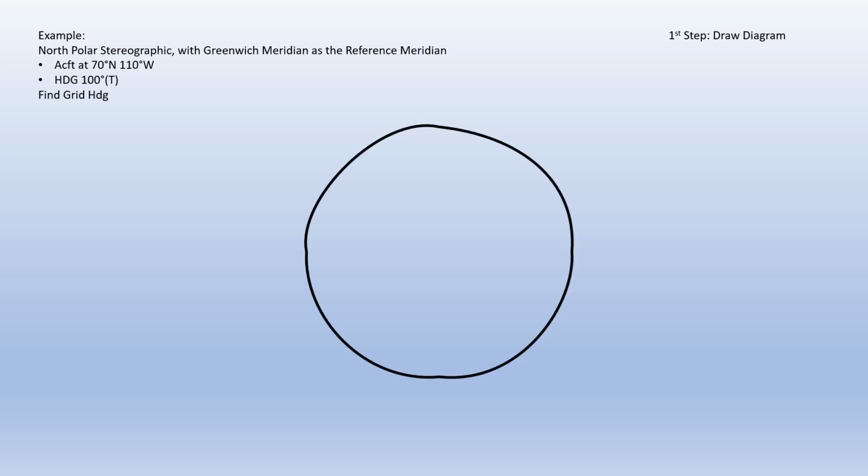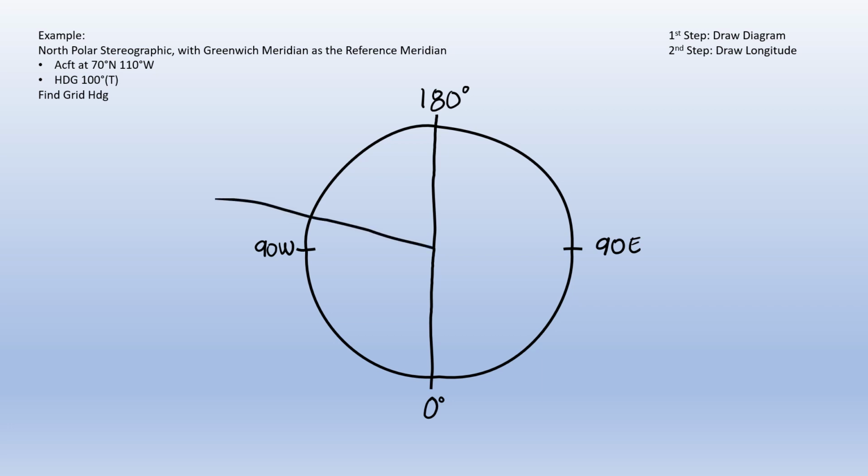Mark the position of the prime meridian, anti-meridian, 90° east and 90° west. Draw the position of 110 degrees west longitude. It is 20 degrees after 90 west. It is roughly here.